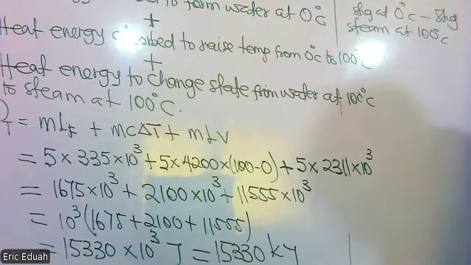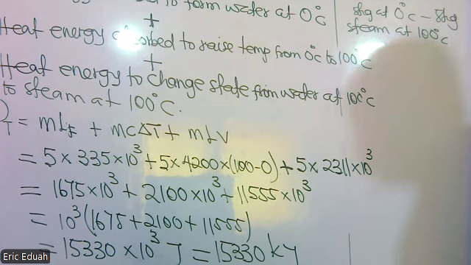With the first line, the 5 times 335 times the 10 raised to power 3 plus 5 times 4, you didn't add the 100 to it.